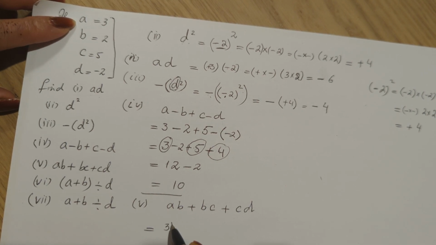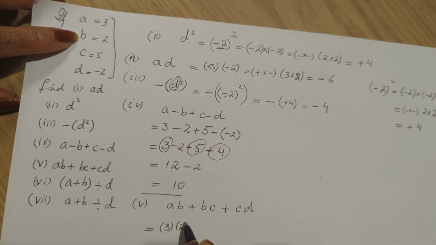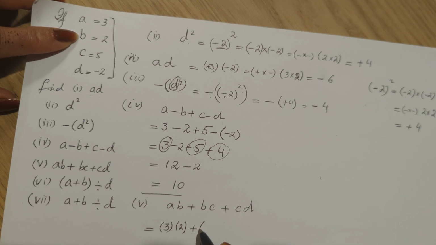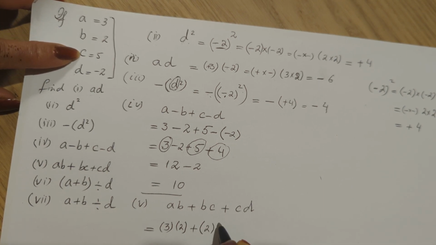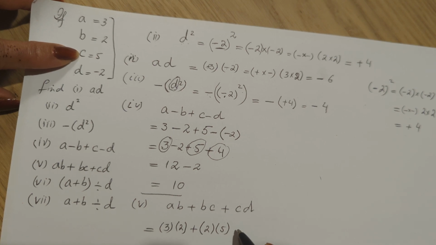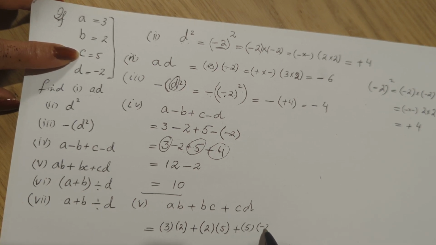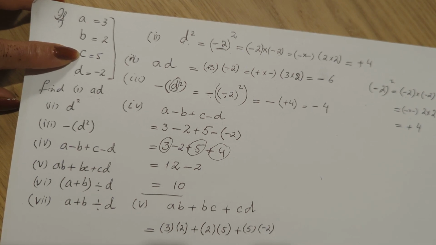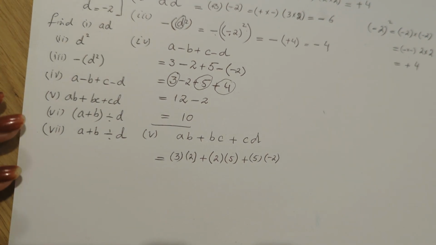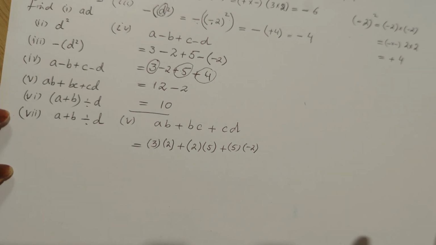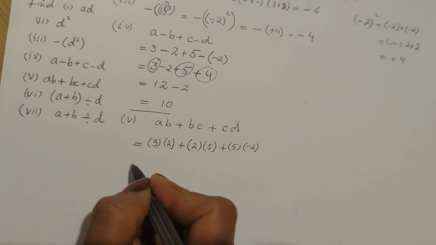A is 3, B is 2, plus B is 2, C is 5, plus C is 5, and D is minus 2. I have just put its values for A, B, C, and D. I am going to replace their values, nothing else.